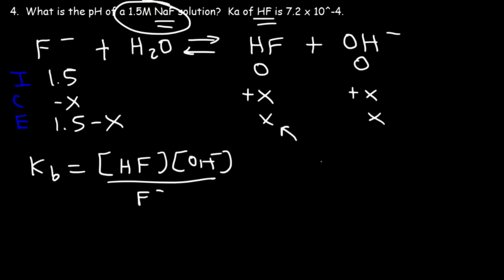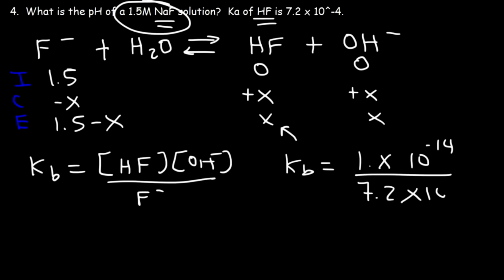So let's go ahead and find Kb. Kb is going to be equal to Kw, which is 1 times 10 to the negative 14, divided by Ka, which is this number.